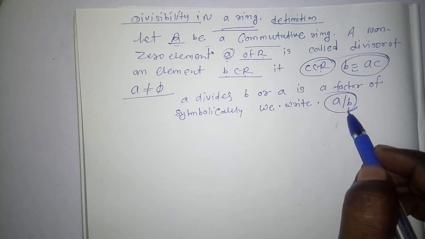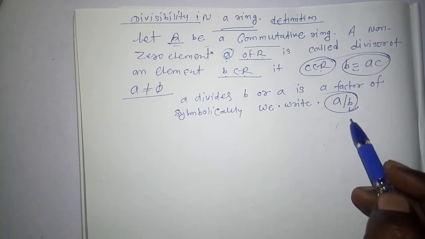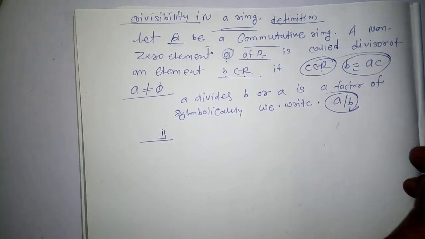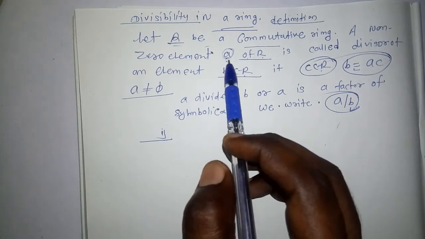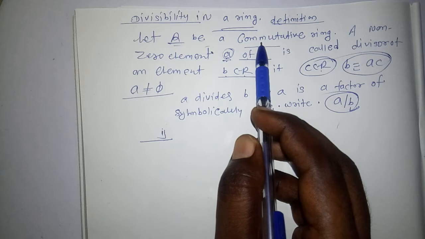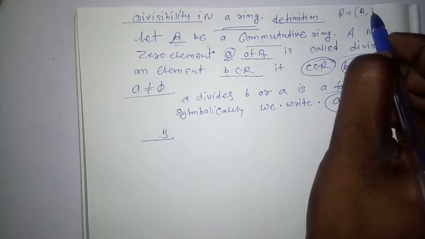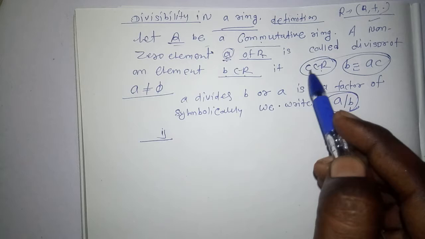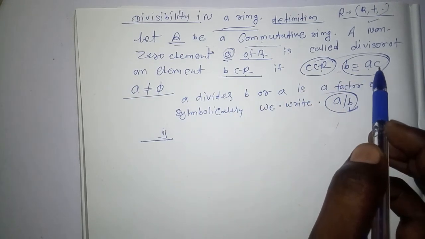Okay students, now using this property we can derive some results. Let R be a commutative ring and A a non-zero element of R. Because R is a commutative ring, with plus, dot and minus, A is called a divisor of an element B if this condition follows: B is equal to AC.